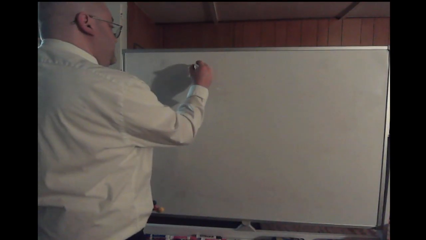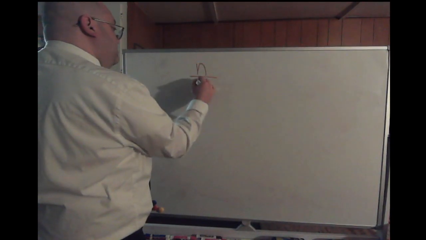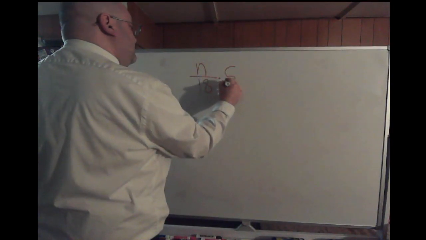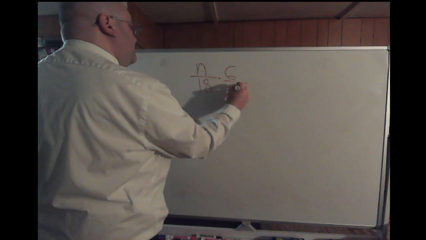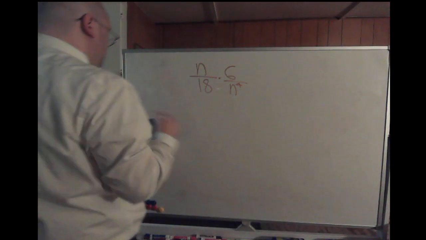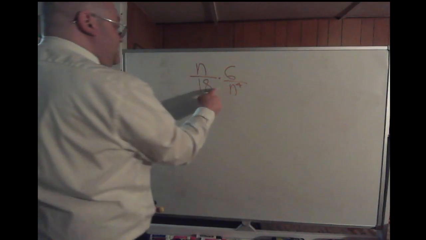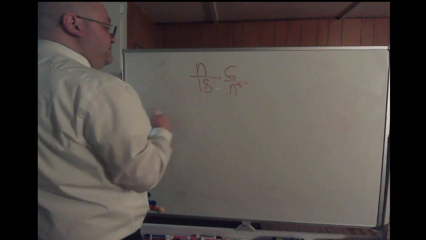All right, let's see. We have n over 18 times 6 all over n to the 4th.